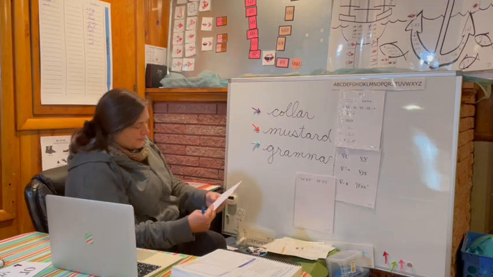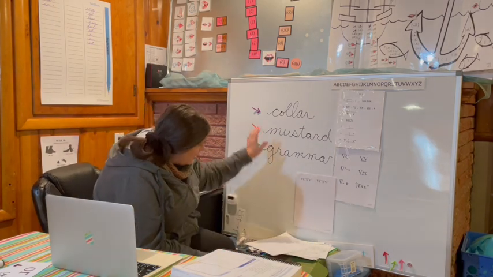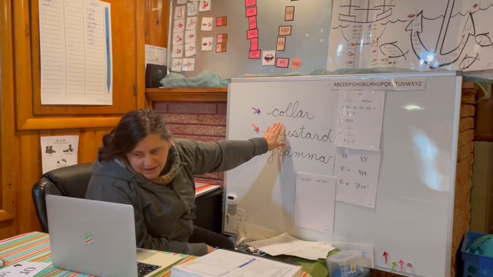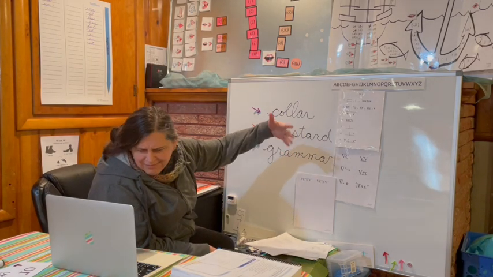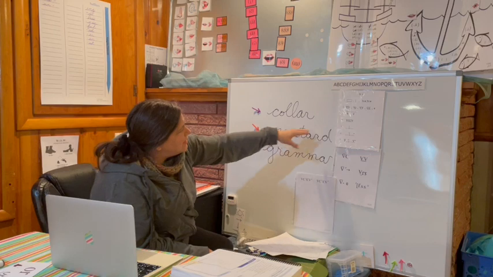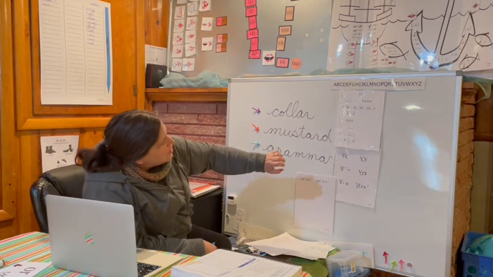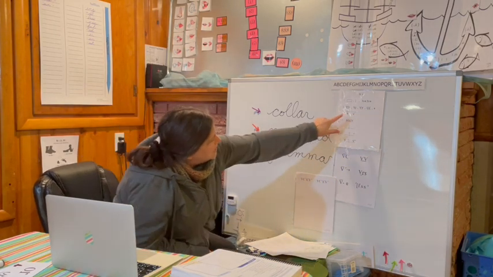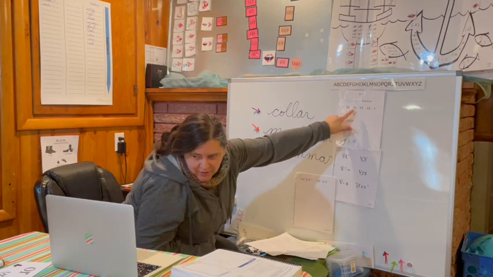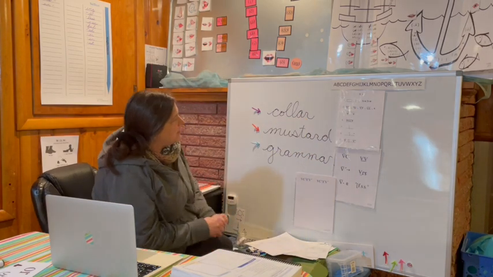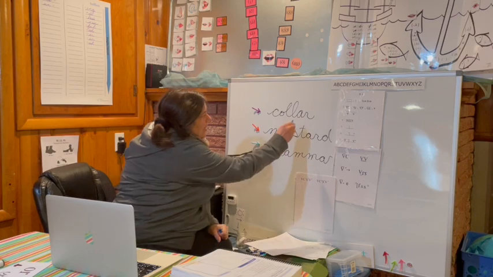Okay, so with the word collar, do we see any suffixes or final stable syllables? No. Do we see any silent E's or, oh, we do see a vowel controlled R, don't we? A-R, so maybe we should draw a little arc under that.